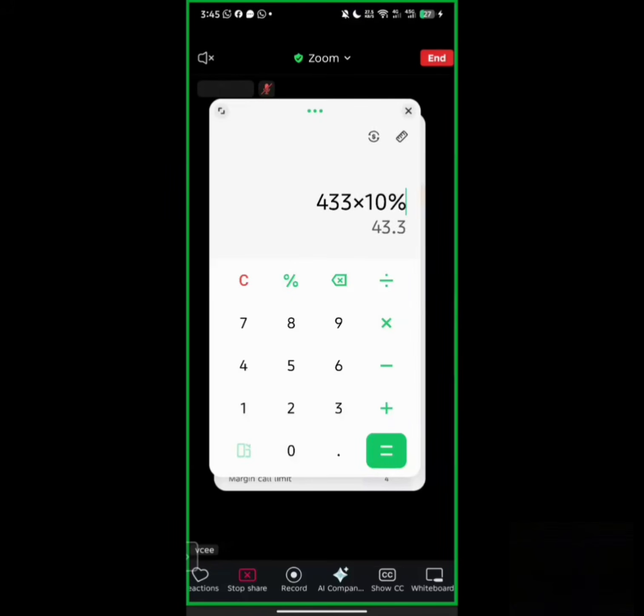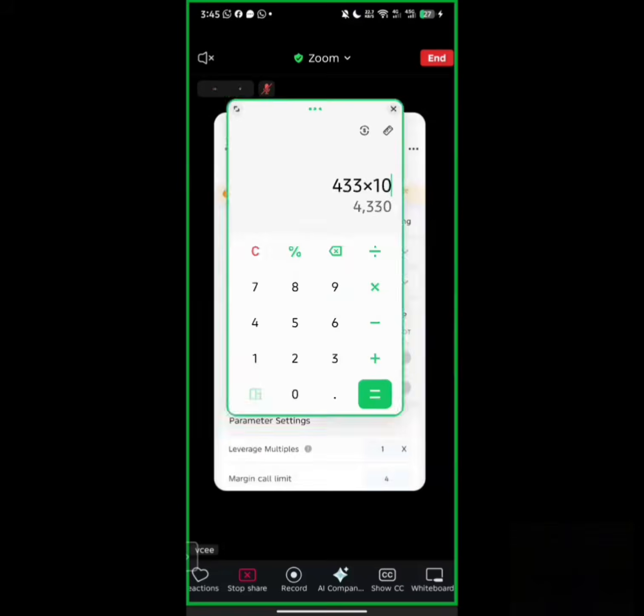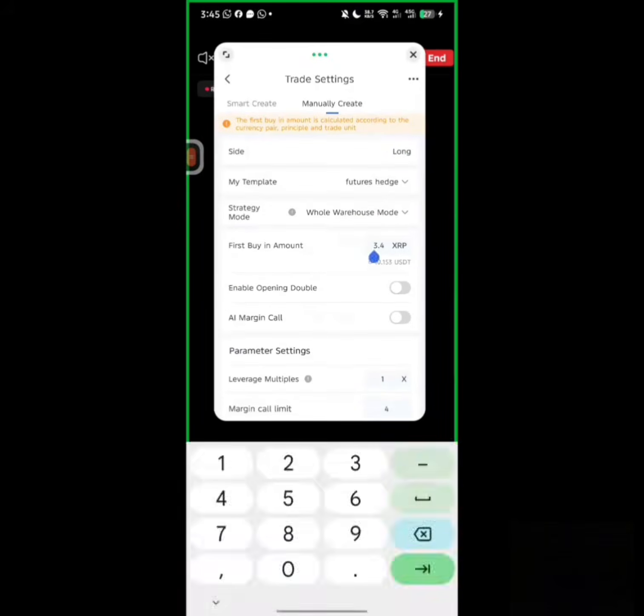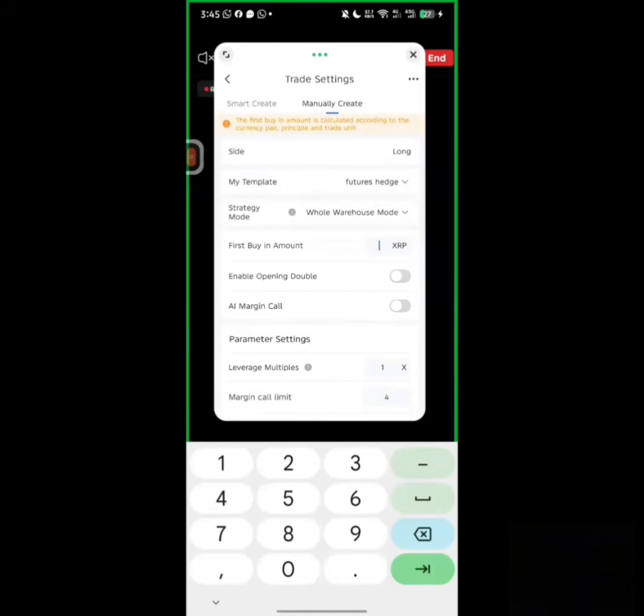Okay, so it's very simple to get your percentage. So now I want to get 10% of $200 here. 10% of $200 is 20.